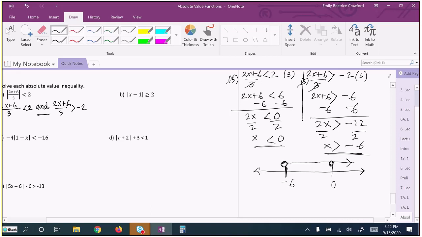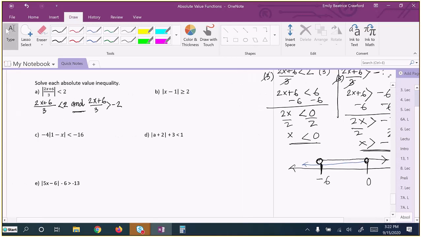This inequality says x is less than 0, so you will go to the left. And the common region of the inequality is where both color arrows are present, which is between negative 6 and 0. So in interval notation, my solution is between negative 6 and 0. And because of the openness, I will get open parentheses around. That's the solution set.